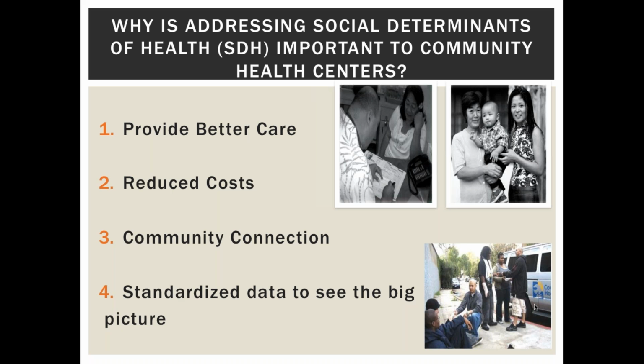For example, reduce emergency department visits. We can better engage with the community and the state to say, what are the needs of our patients and how can we bring or deliver better services to meet what their needs are? And really getting standardized data to see the big picture. So getting population health data from the PREPARE data set, but also the clinical data set, and then data at the community level.